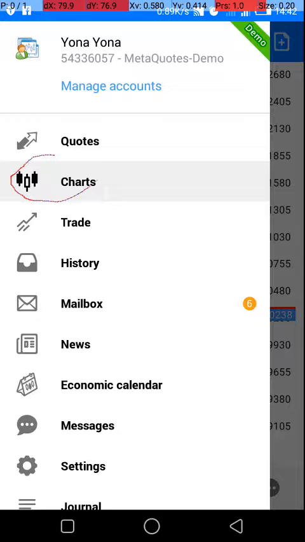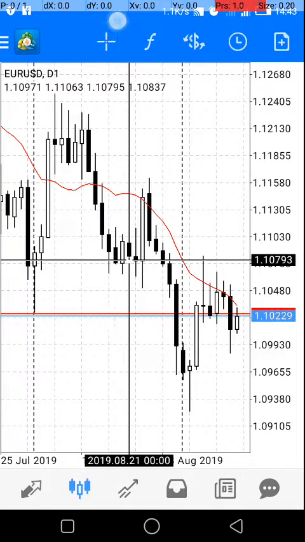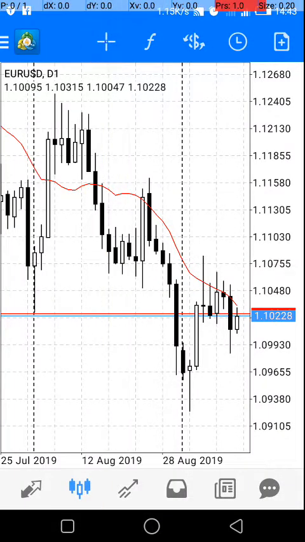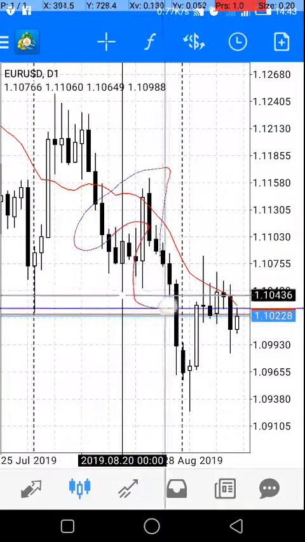As you can see, this is where our graph is shown. In the charts, this is where your market prices are shown. This is a crosshair. If you tap it, you can use it to keep track of information from the graph.